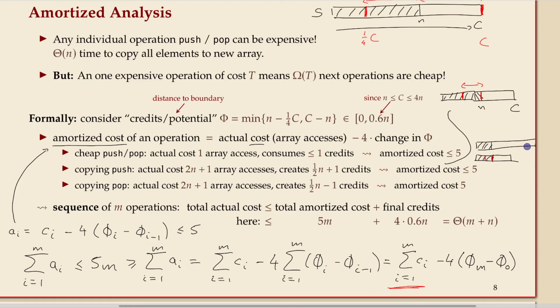And previously, you had the potential at 0. So now you're again at 1/2 n new credits that you created by shrinking the array. And again, multiply this by 4, add the two things up, multiply by -4, comes out to 5.